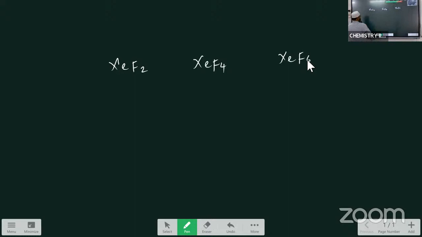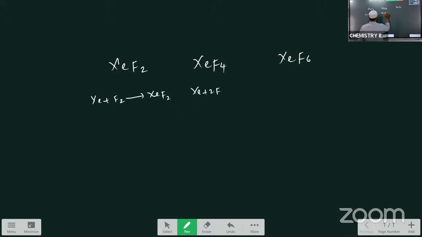Yesterday we completed up to the structures of these xenon compounds. I explained the structure of XeF2. Before going to that, Xe plus F2 gives rise to XeF2. This is the preparation. Xe plus 2F2 gives rise to XeF4.